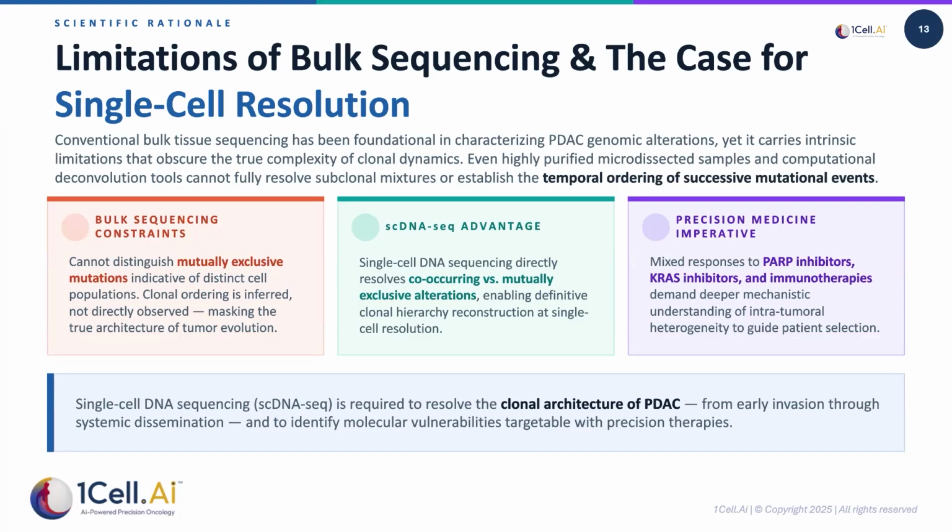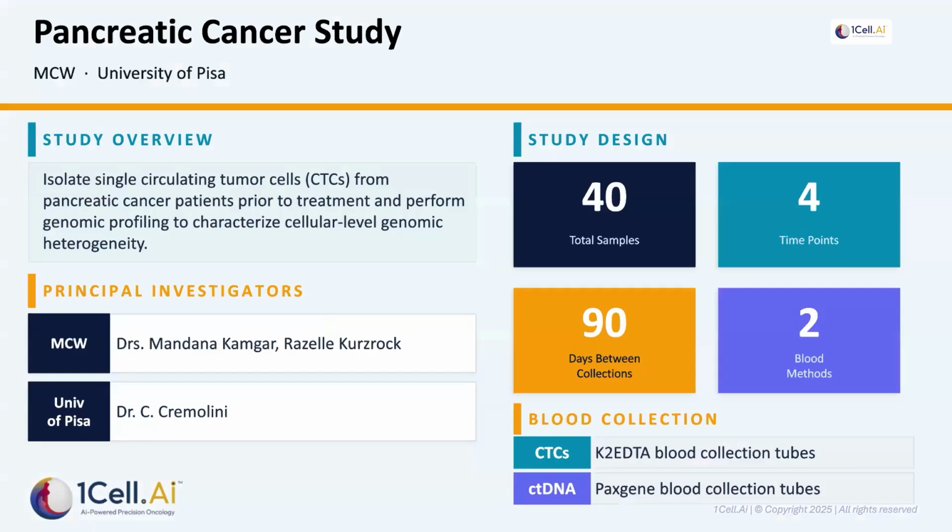And so single cell DNA sequencing is really required to resolve the clonal architecture of pancreatic ductal adenocarcinoma from early invasion through systemic dissemination, and to identify molecular vulnerabilities targetable with precision therapies as the disease evolves.